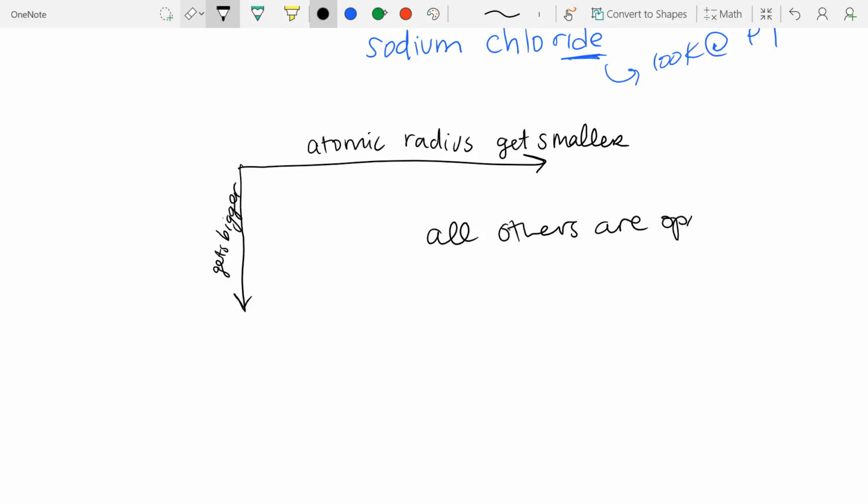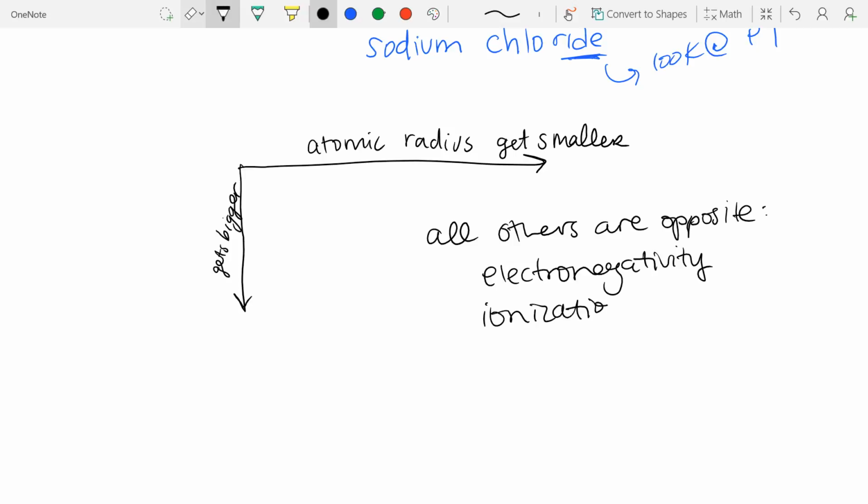So that would include electronegativity, ionization energy, reactivity, all sorts of things. Okay, so that's just kind of what's going to happen there.